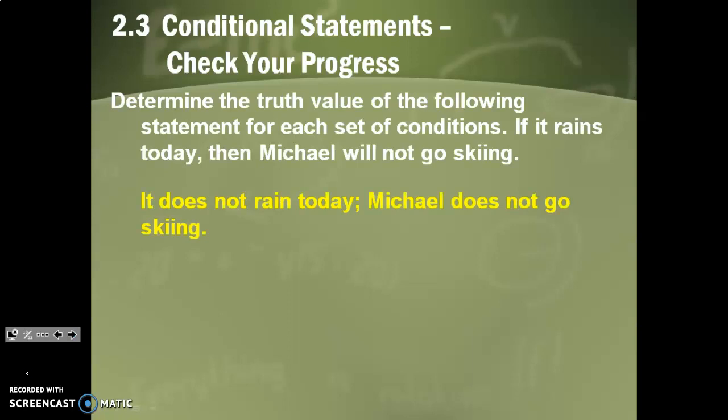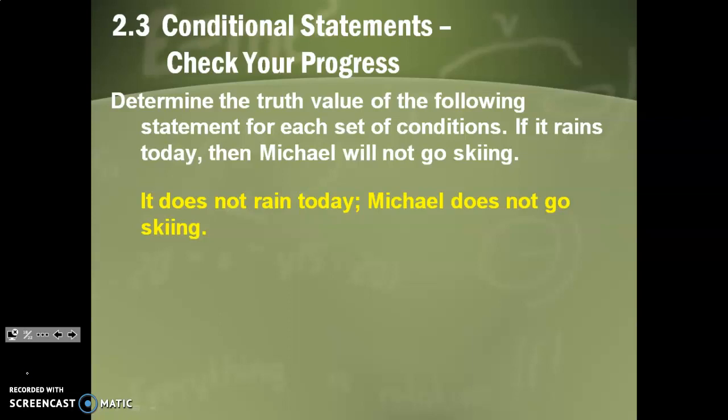So here's one to check on your own. If it rains today, Michael will not go skiing. It doesn't rain today. Michael does not go skiing. Well, a lot of people say, well, this one's false because we imply what's going on. But the hypothesis is it rains today.